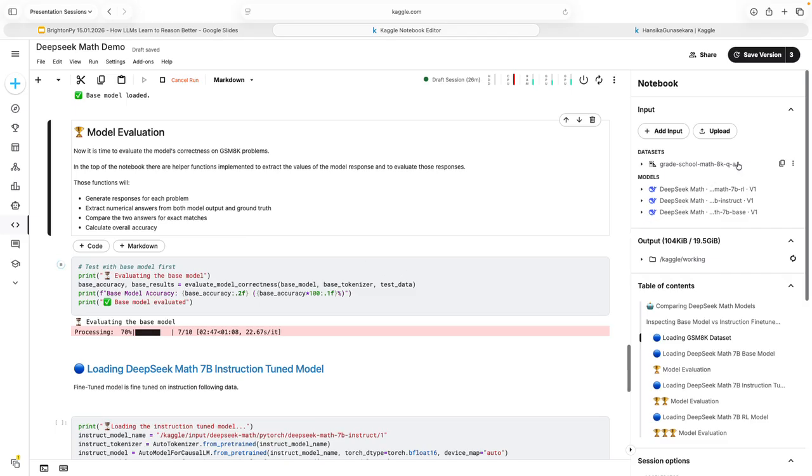Also, if you want to read more about this GSM8K dataset, you can access the dataset page from this link. Open in new tab.